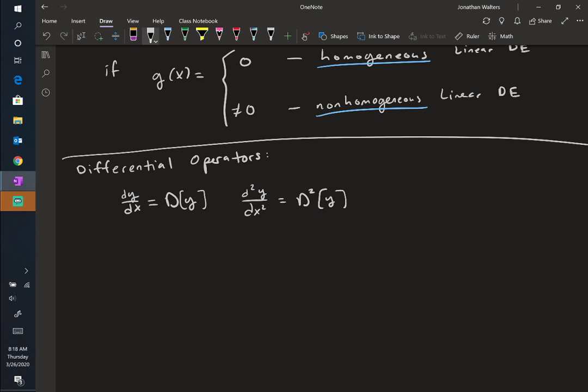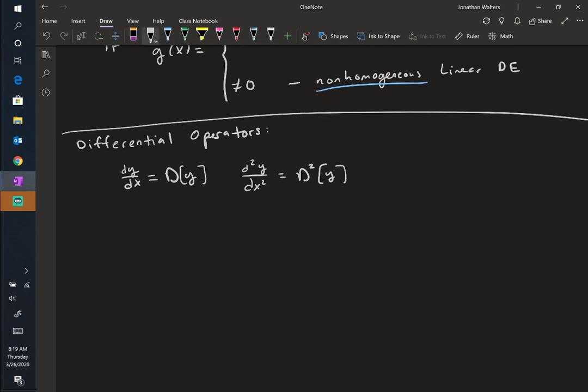And then we might have a linear combination of these, and we might call the differential operator L, equal to an of x D^n plus an minus 1 of x D^(n-1) plus dot dot dot a1 of x D plus a0 of x.